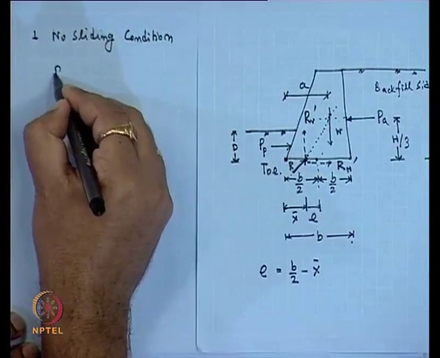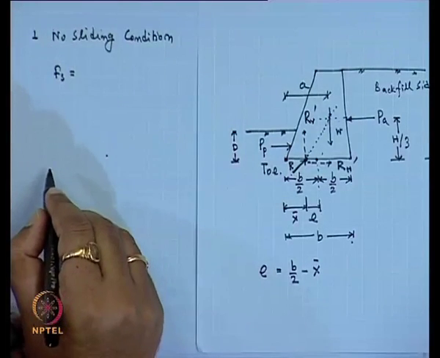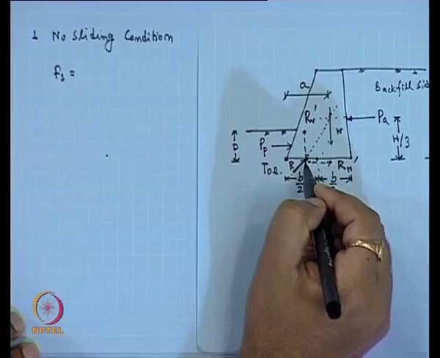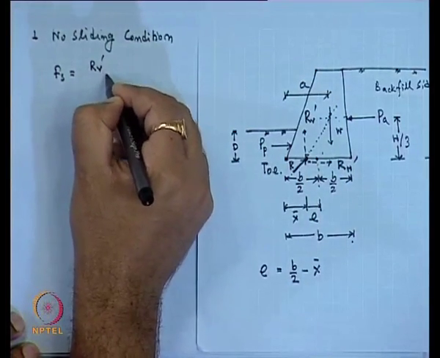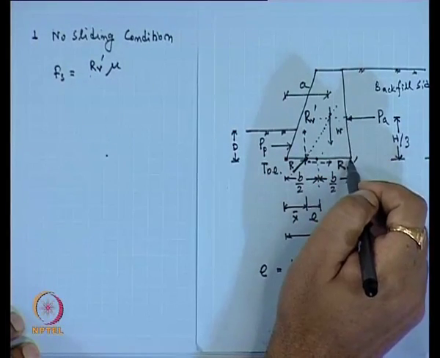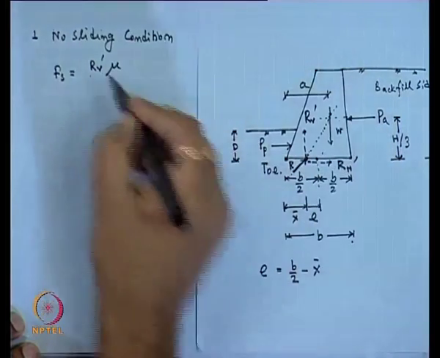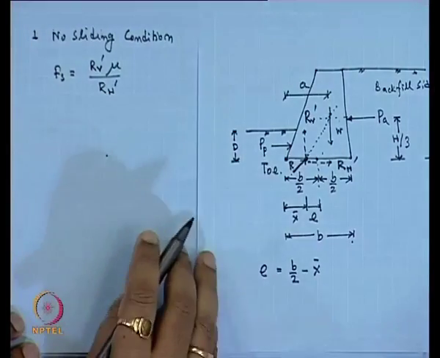So, the factor of safety F s, for the no sliding condition: the sliding force is resisted by this vertical force into the coefficient of friction. So, this is R v dash and mu, and the sliding force is the possibility of sliding because of this R h force, that is R h dash.